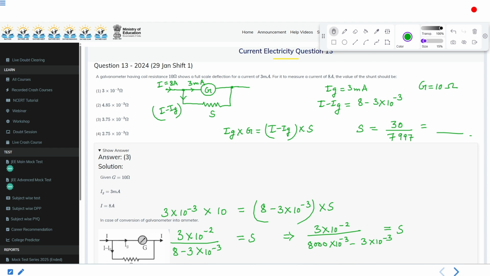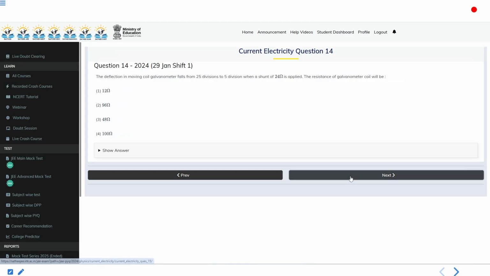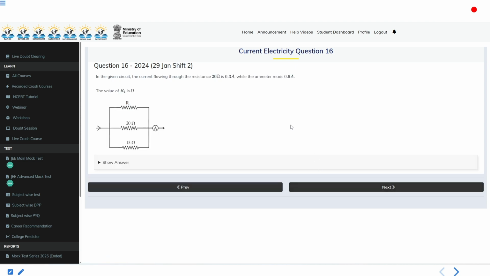Okay, let's move on to the next question. In the given circuit, the current flowing through the resistance 20 ohm is 0.3 ampere, while the ammeter reads 0.9 ampere. You have to find the value of R1 in ohm.